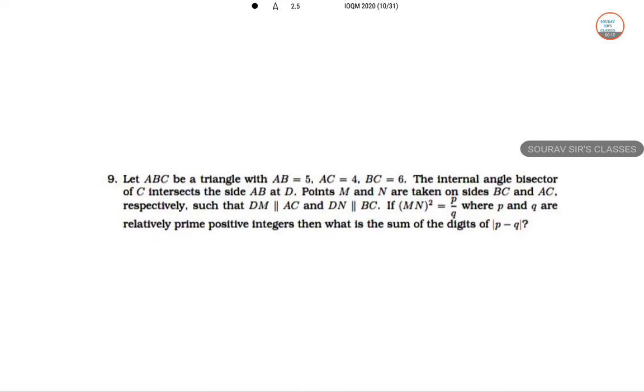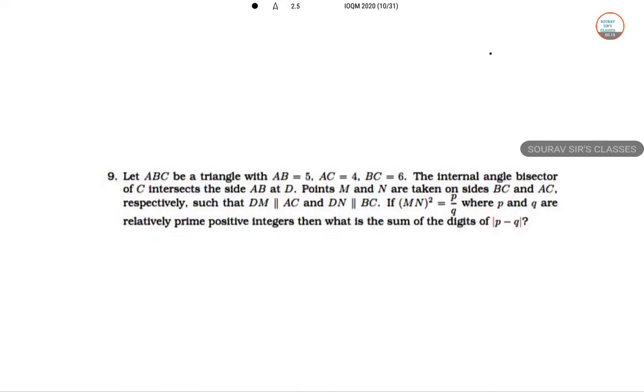Okay, so we got a triangle ABC. This is the triangle. AB is 5, AC is 4, BC is 6.